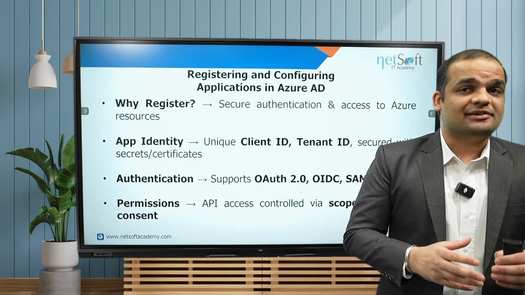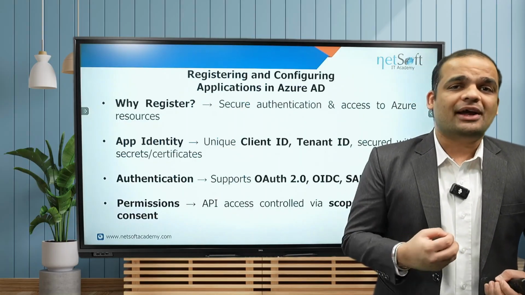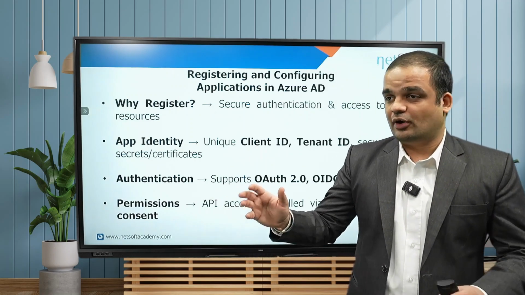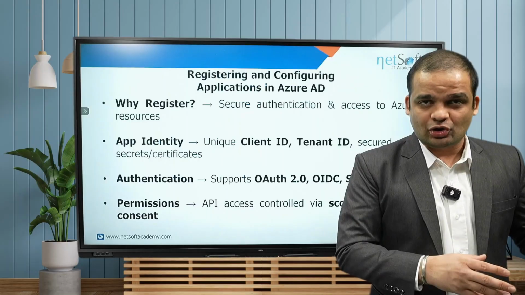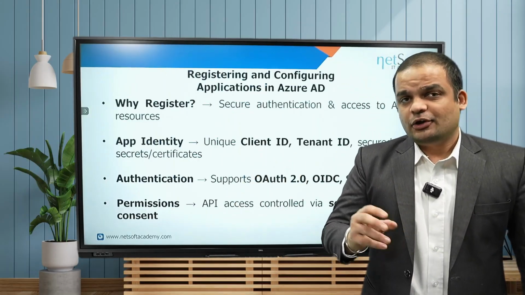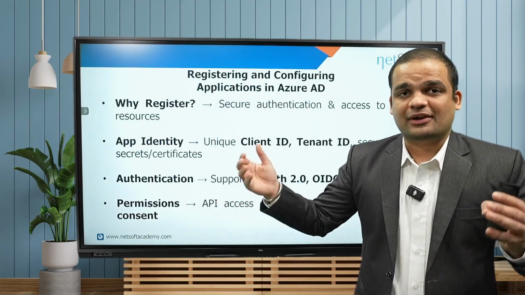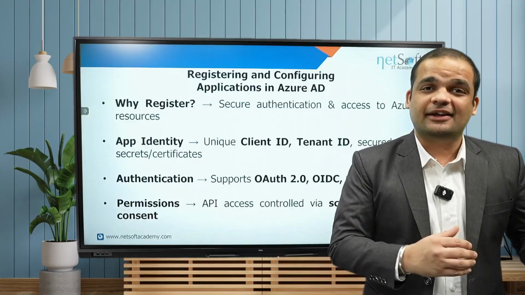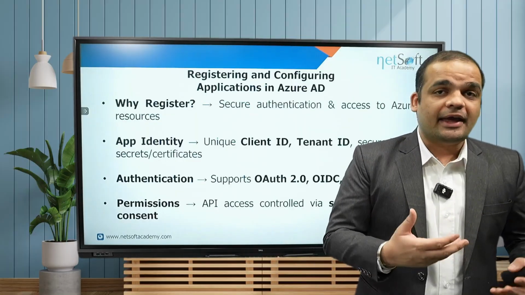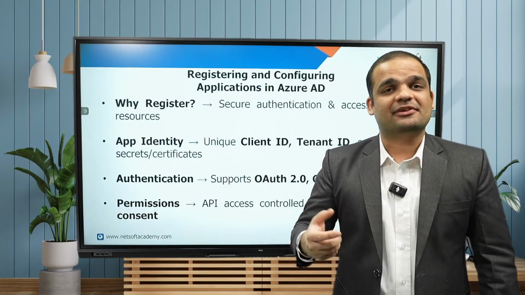The application is secured by secrets or certificates to protect its communication between the application itself, whether it is running on-prem or on Azure, and your Entra ID. Remember, your application might be actually hosted on-prem, but you can still register it with Entra ID. Here, Entra ID is just providing an IAM solution, that is, Identity and Access Management solution.